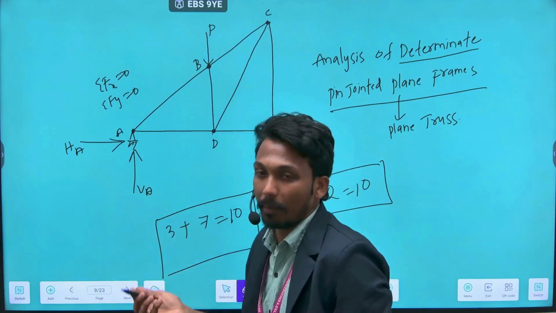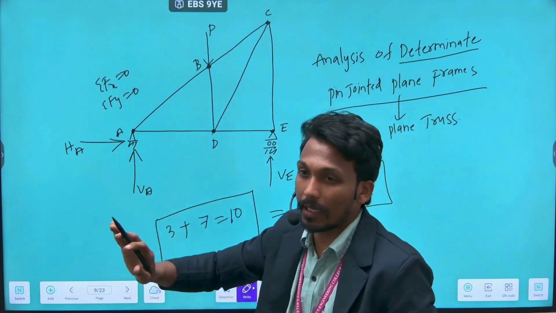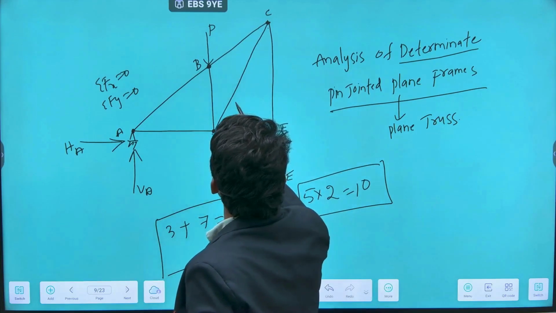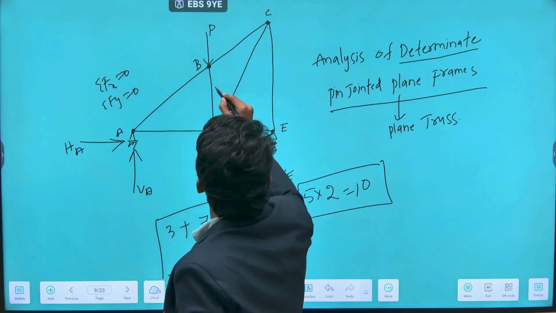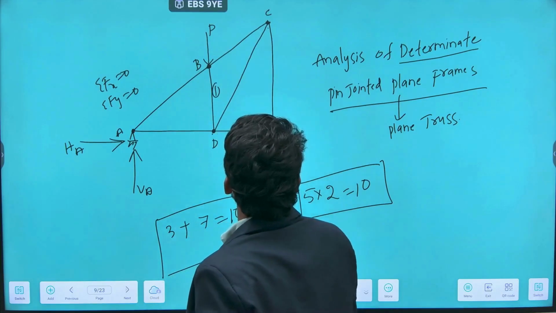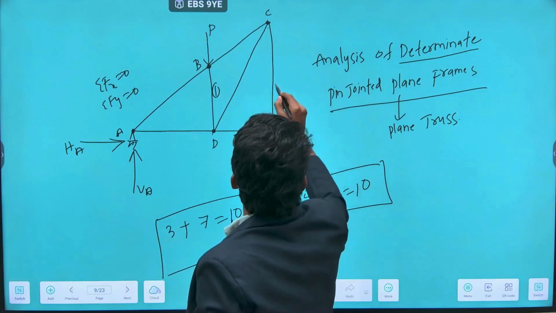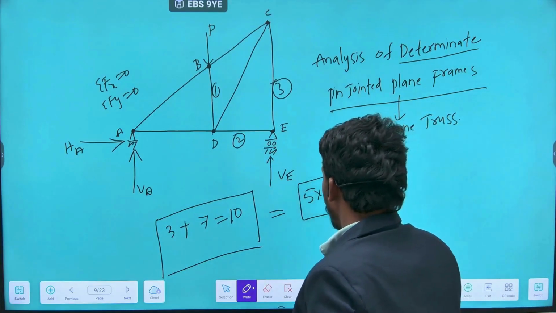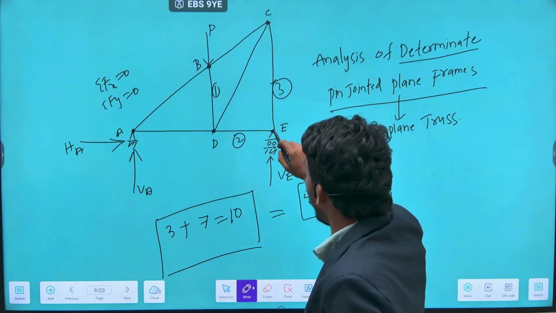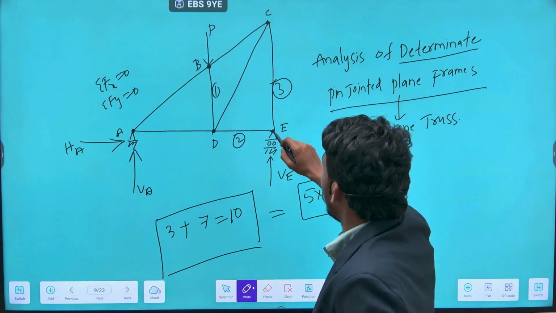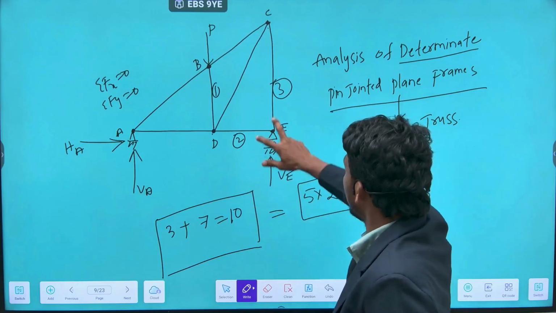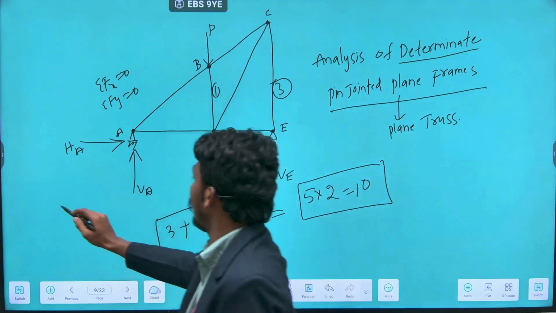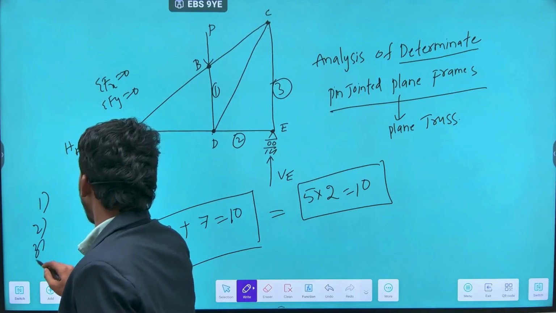In competitive exams, they will not ask you to find the member forces in all the members. Let us say they ask me to calculate the member forces in this member, this member, and this member: member 1, member 2, member 3. What I will do is directly apply equilibrium equations at this joint, because I will get two member forces directly. And there will be options available.